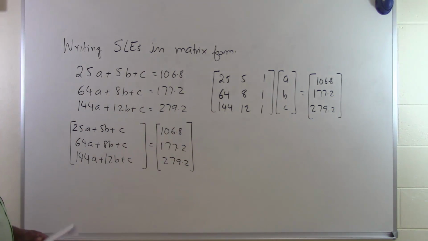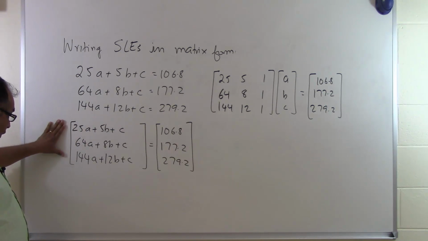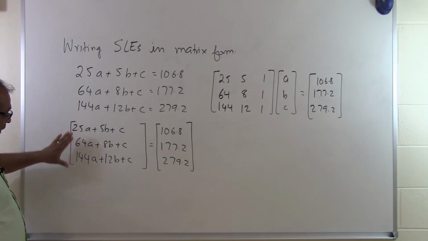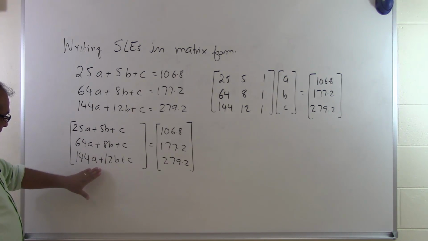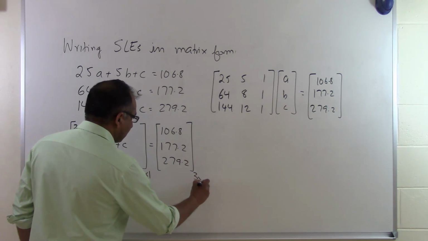So I have put these three simultaneous linear equations in a matrix form where I have 3 rows and 1 column on each side.